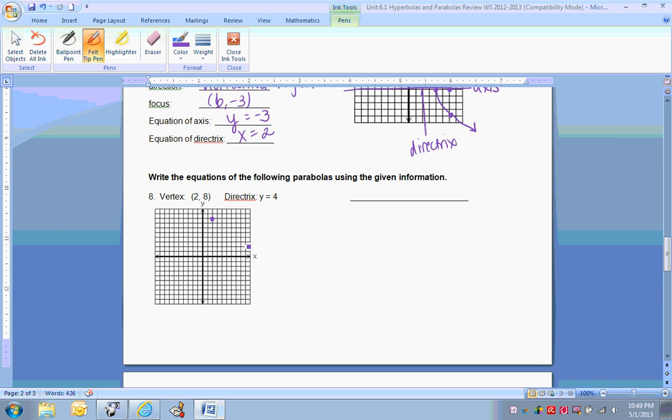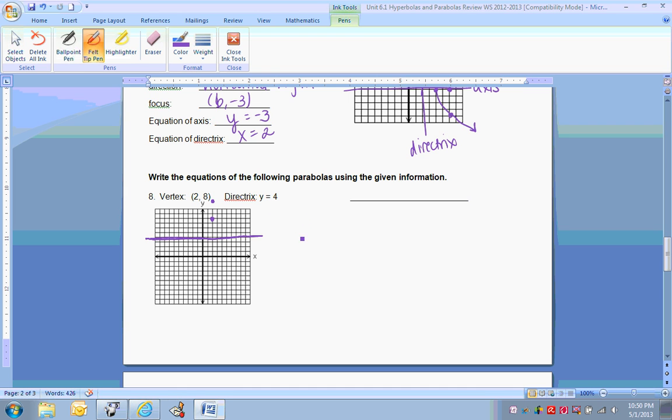That means I'm going to have a line that only crosses the y-axis at 4. So I know my focus. If my directrix is 4 below, my focus has to be 4 above. So my focus is going to be at 2, 12.